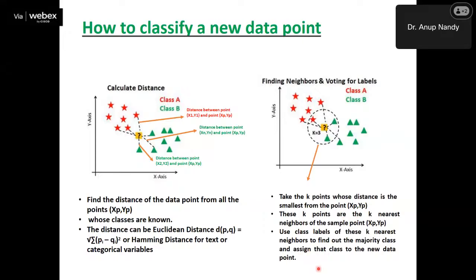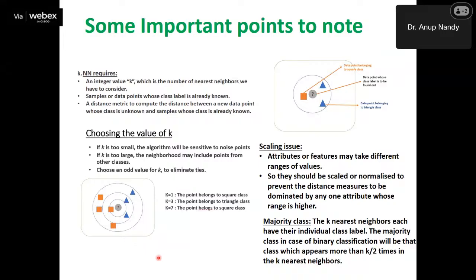These k points are the k nearest neighbors, and the class label is found based on the majority class. I have already explained these points and shared the PPT also, so you can refer to it.